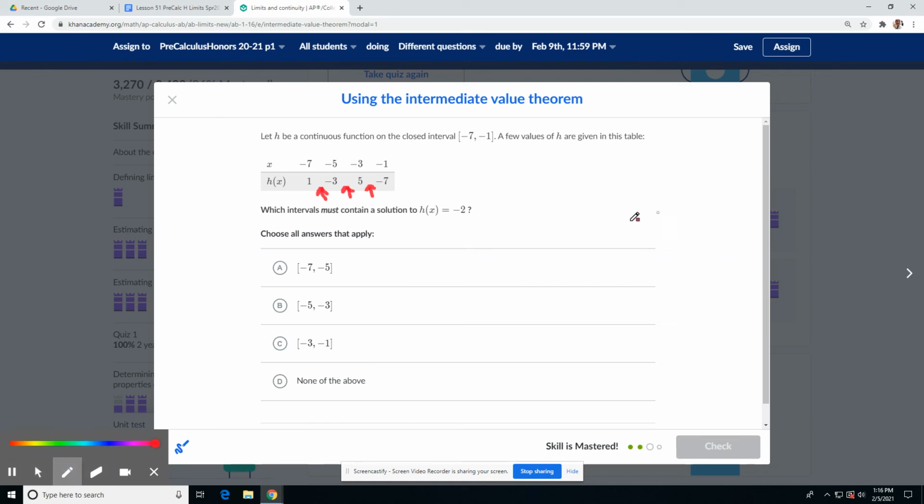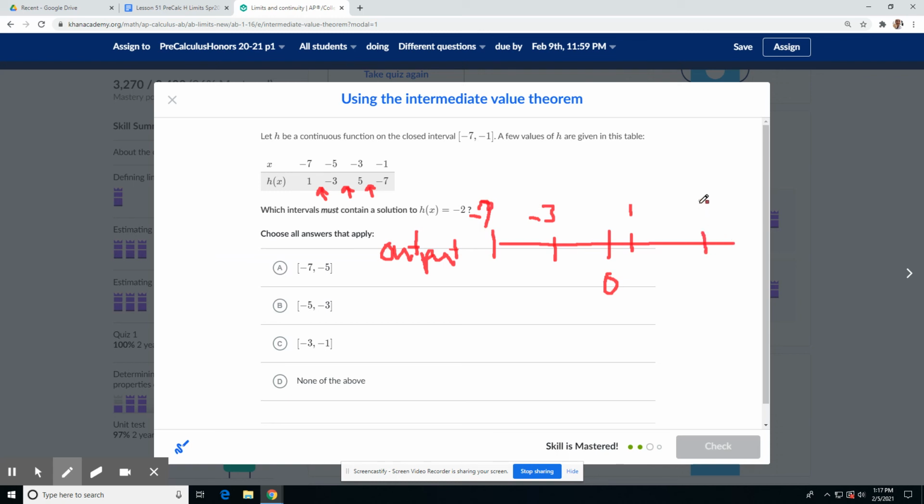If you need to, my advice would be to call it output so you can see it in this context. The outputs, I like having my 0 placeholder, we got a 1, we got a -3, and we got a -7, and we got a 5. These are all the outputs.